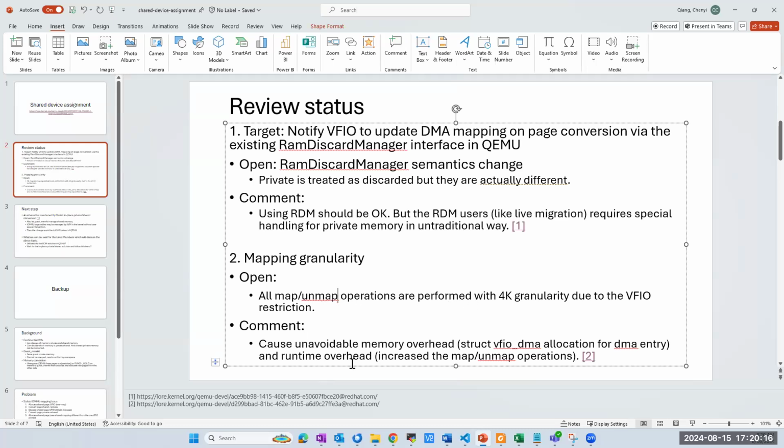This will bring many overheads, for example runtime overhead and memory overhead, because each entry will allocate some structure for each DMA entry. For this issue, I think we still don't have a solution or mitigation.